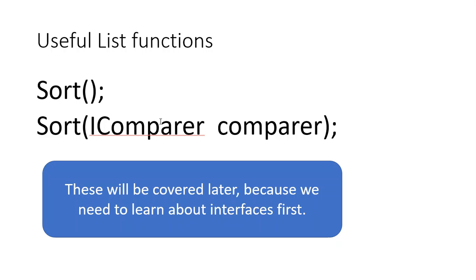So there are two ways to sort data. The first one relies on whatever internal sorting behavior is built into the objects themselves, and the second method is going to perform a sort based on a class that you provide, and that class can compare these objects however you want.